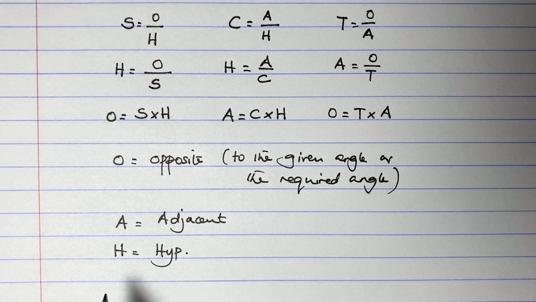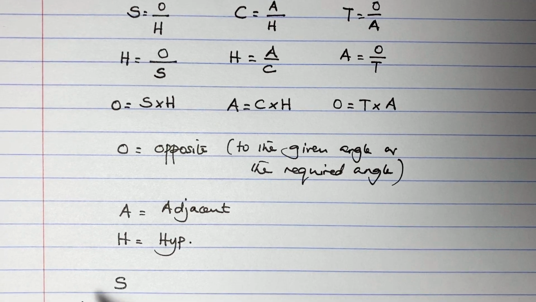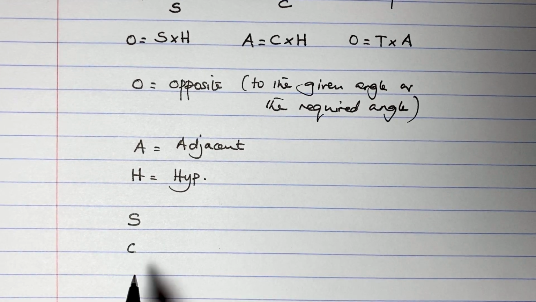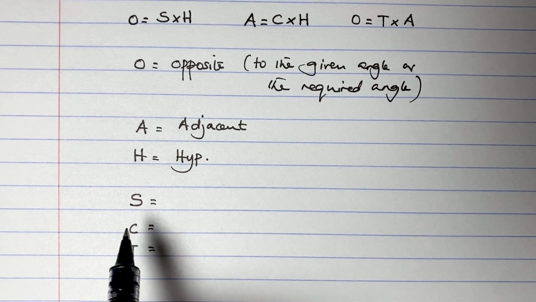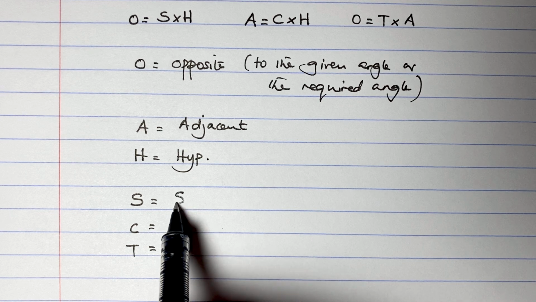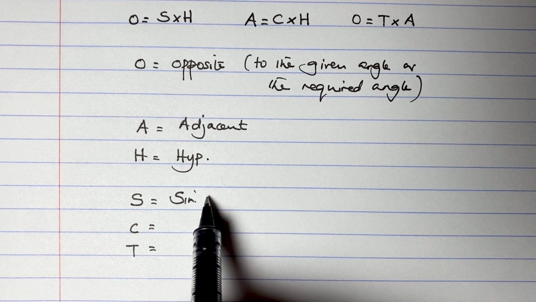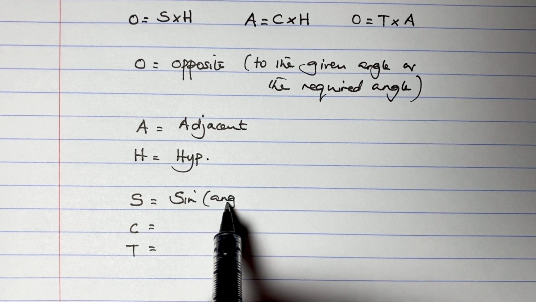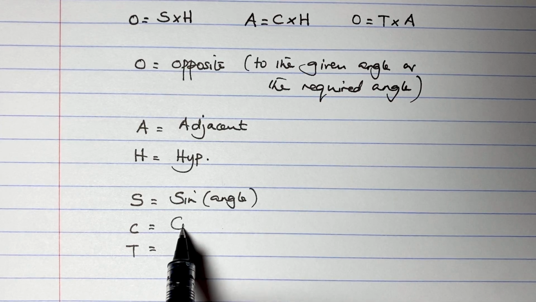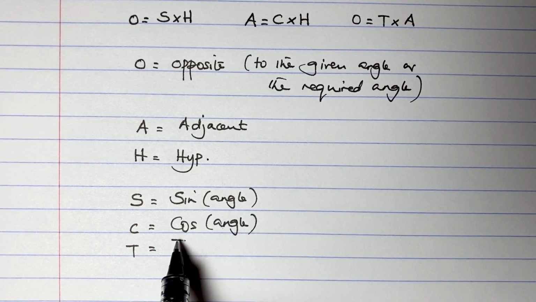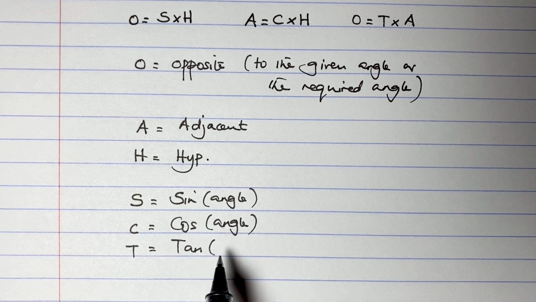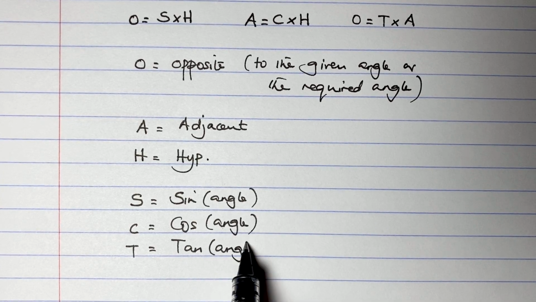Now, S, C, and T are the trigonometric terms, the trigonometric ratios. So S is the sine of the angle, C is the cos of the angle, and T is the tangent of the angle, or tan of the angle.